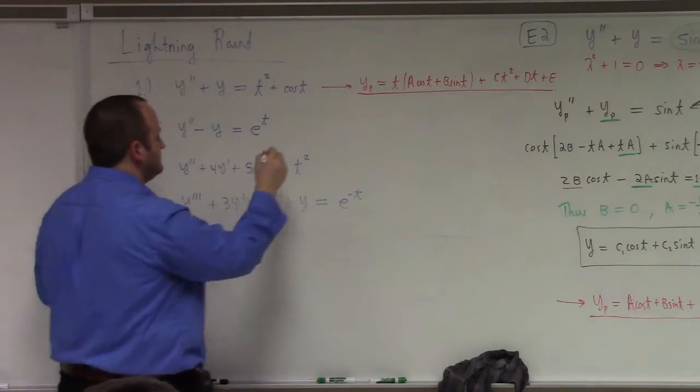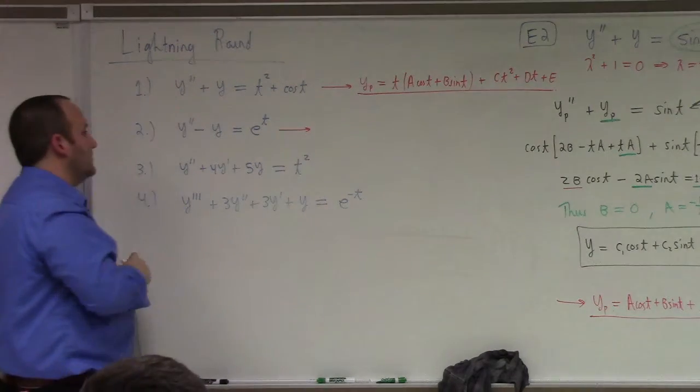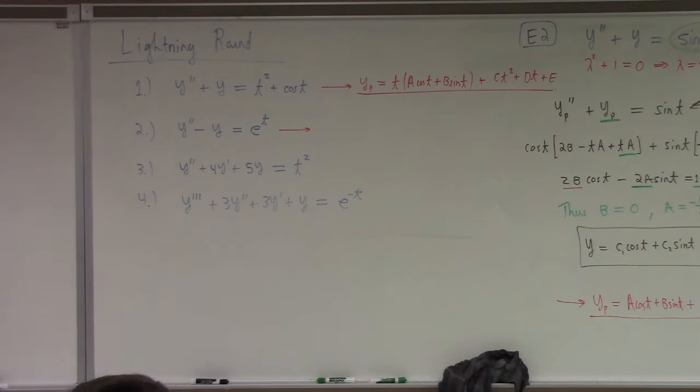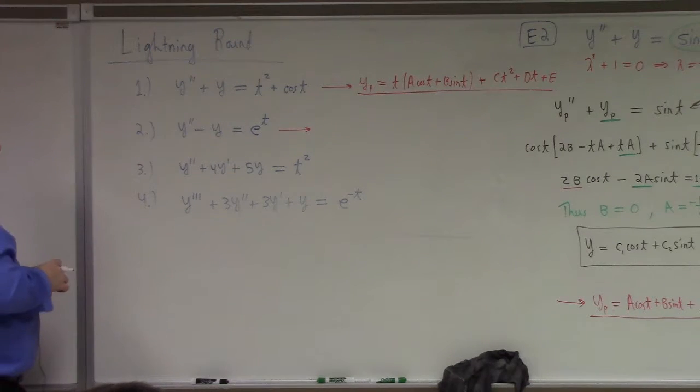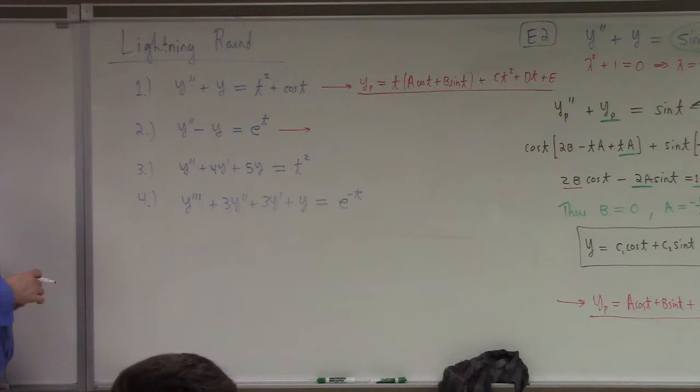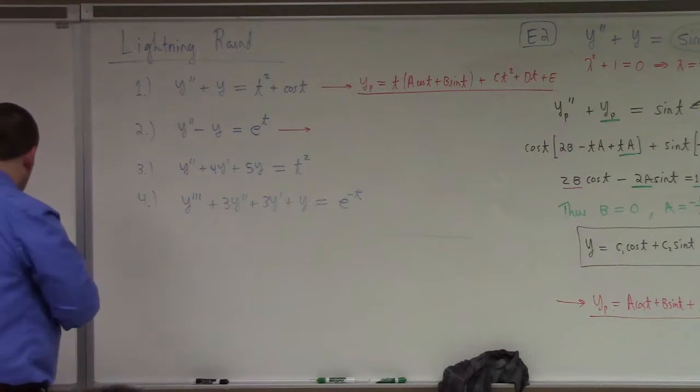This one, and all of these things I'm saying right now, you could derive with the annihilator method, the way we did today. This one has homogeneous solutions e to the plus or minus t. That's going to be a problem because I got e to the t here. Although it seems too simple, let me make it worse.